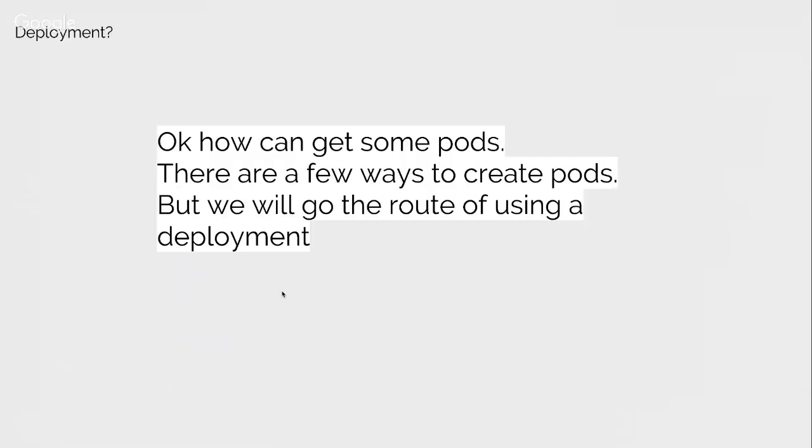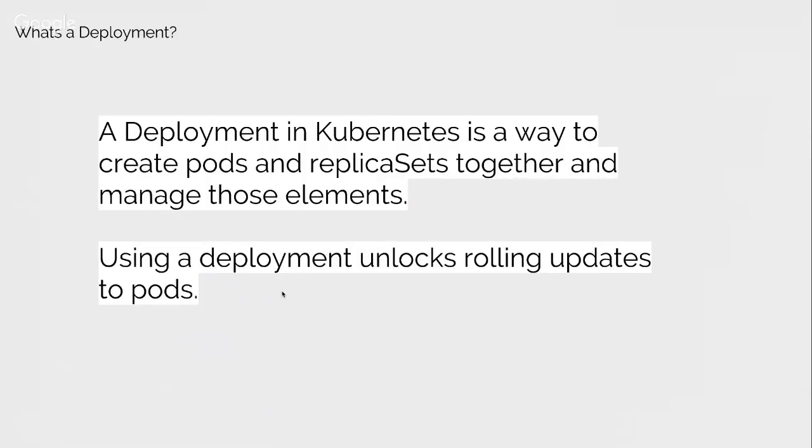Okay, so how do we get some pods? There are a few ways that you can create pods in Kubernetes, but today we're going to go the route of using something called a deployment, right? I was trying to find a good way to explain this, but it's a way of creating pods and replica sets together at the same time and managing those elements.